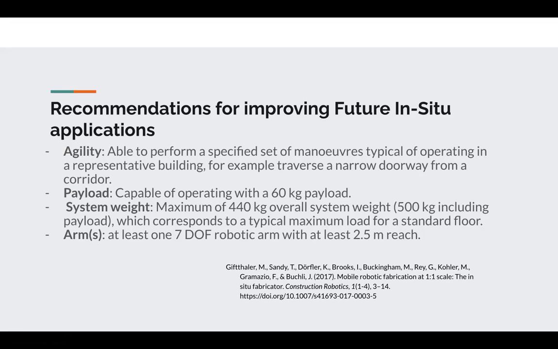The system weight, they need to make sure that it corresponds with the current maximum loads of a standard floor. And for the arms, we want to improve on their reach, because I guess right now they are not super able to reach very far.